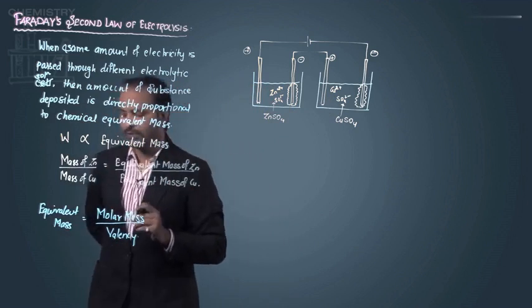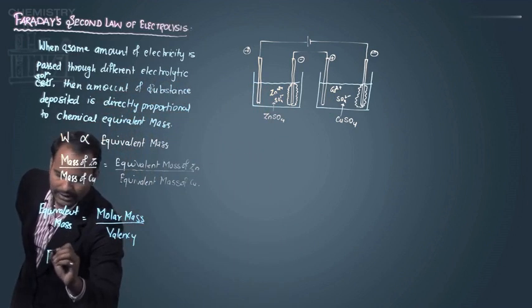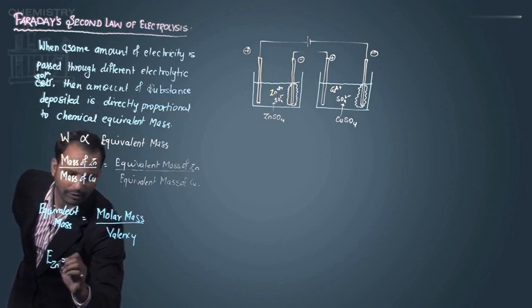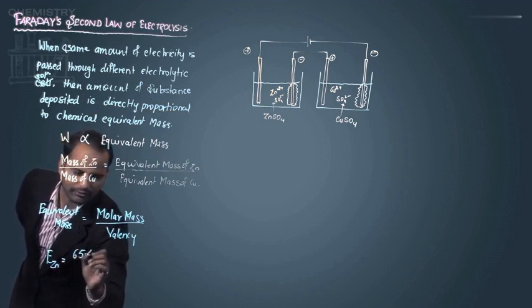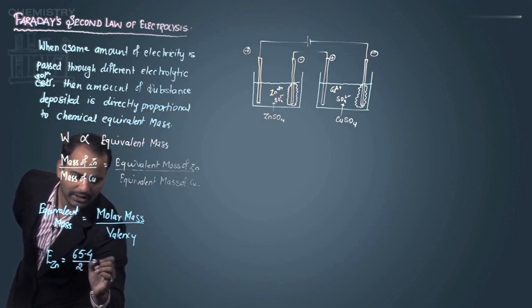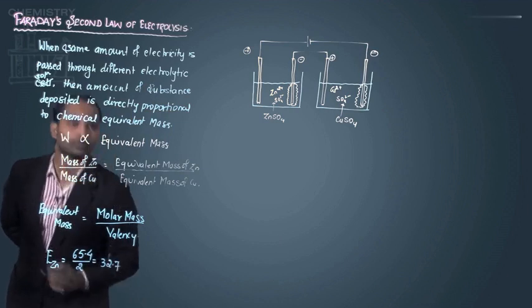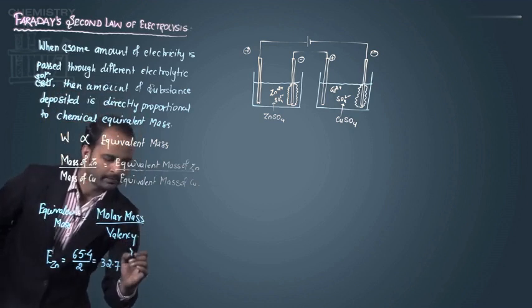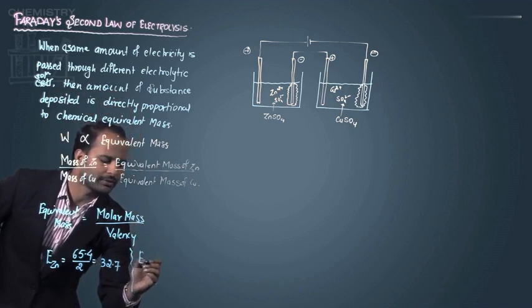So what will be the equivalent mass of zinc? The equivalent mass of zinc is equal to the atomic mass of zinc, 65.4, divided by its valency, 2. So 32.7 is the equivalent mass of zinc. Similarly, let us see the equivalent mass of copper.